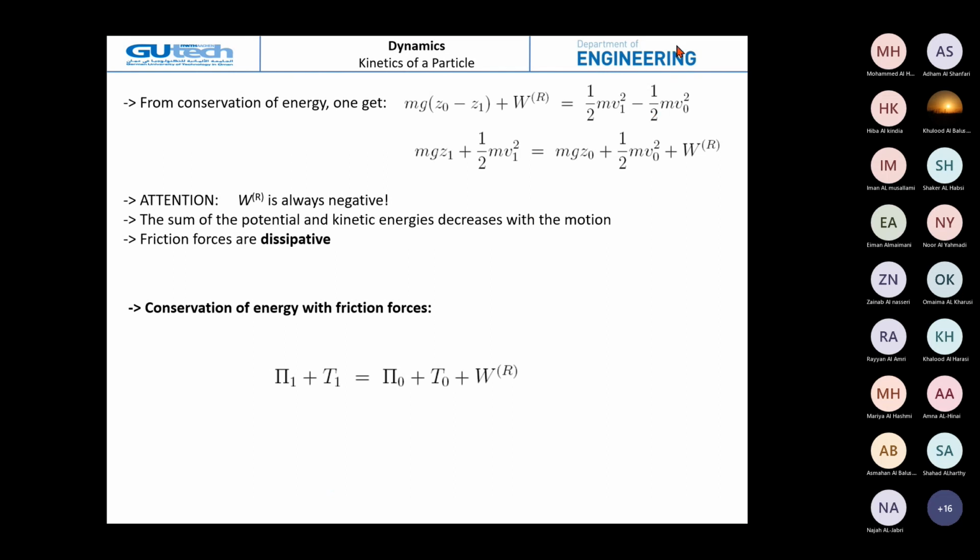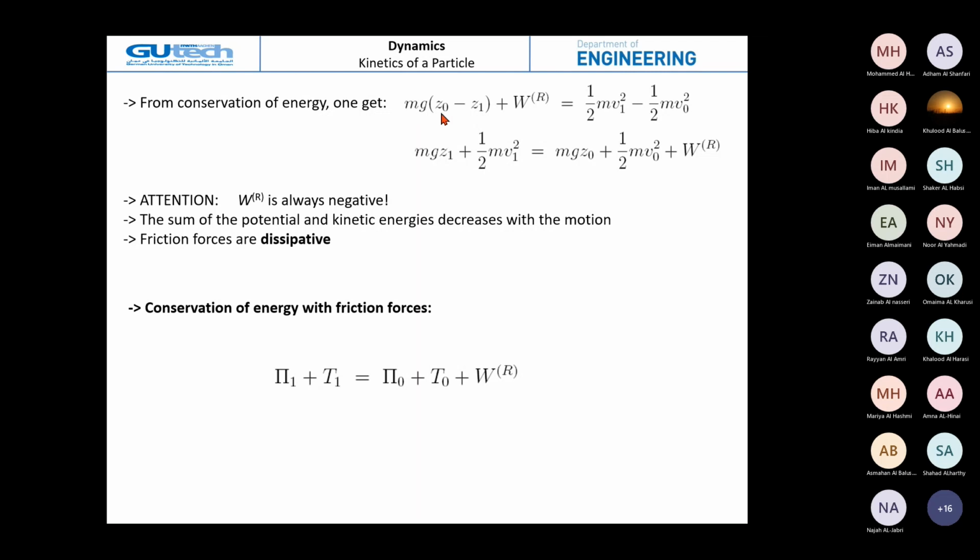Now when we take this from conservation of energy, one gets mg z0 minus z1, as P1 is mg z1 with a minus, and P0 is mg z0 with a minus.